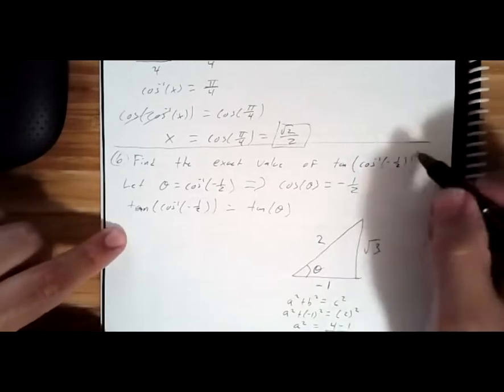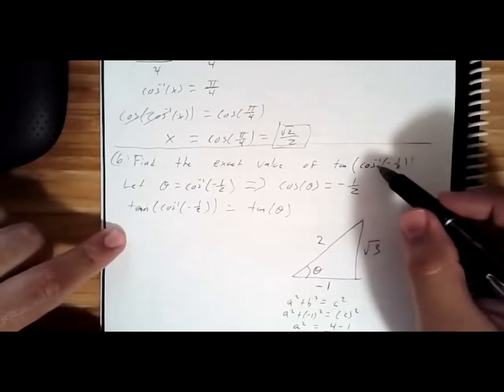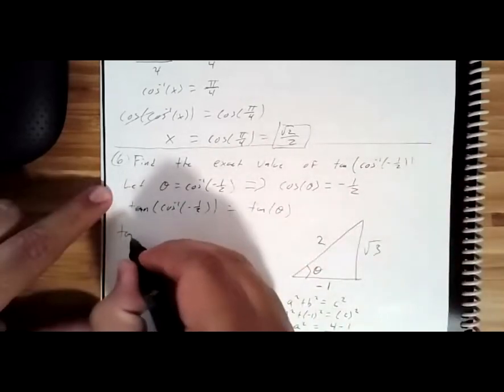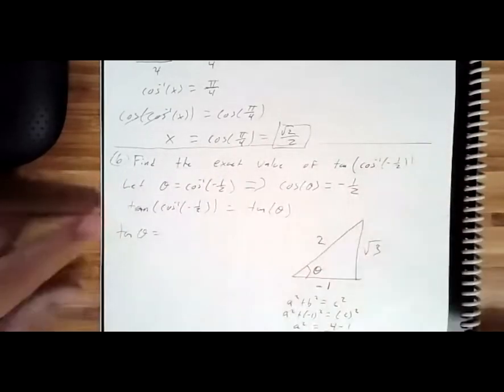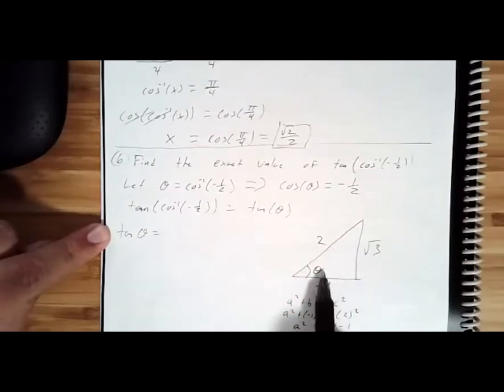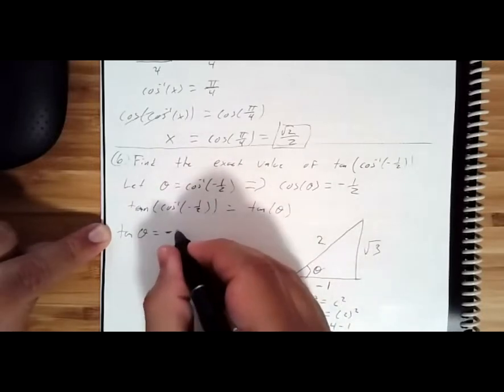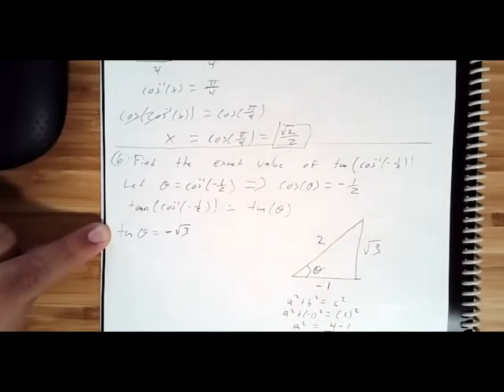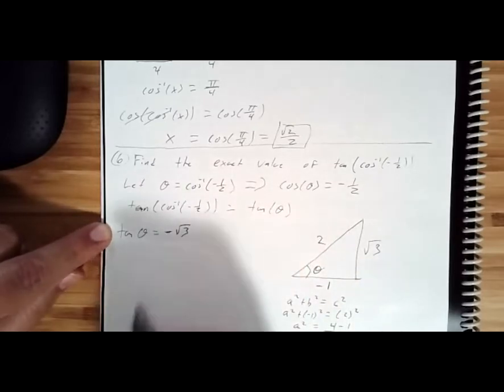So this question right here, remember, it's asking what is tangent. So tangent of theta is equal to opposite over adjacent. So square root 3 divided by -1. So this is what they wanted.